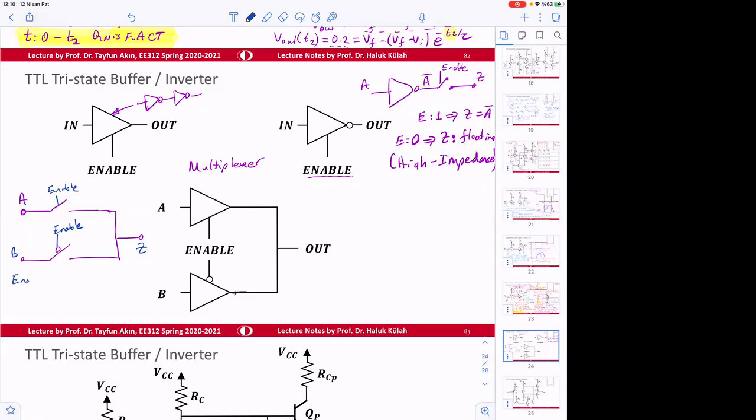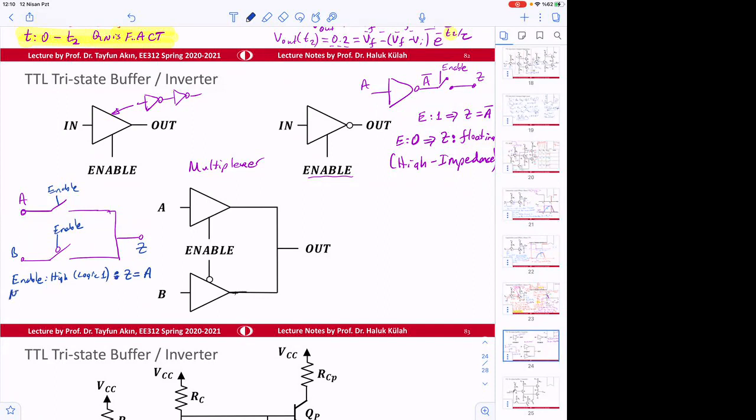If enable is high, or logic 1, then Z will be equal to A. A will be connected to Z.